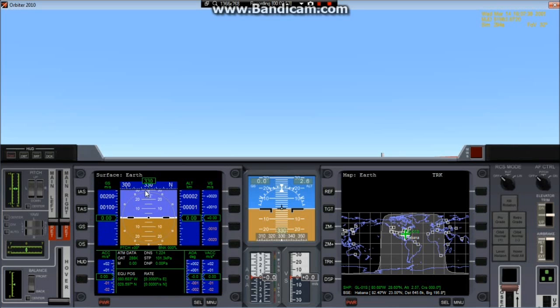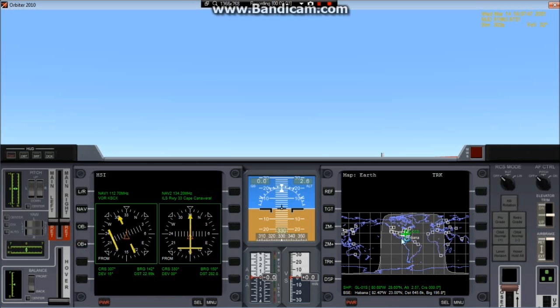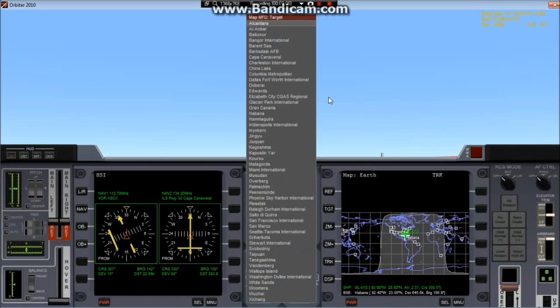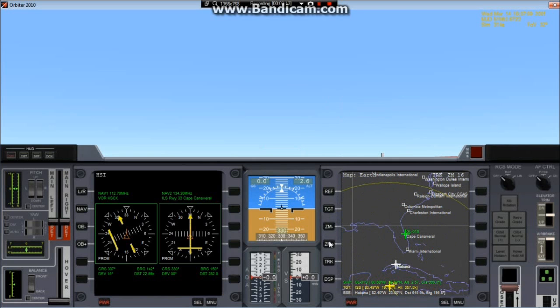We now go into the surface. We're going to do ground speed, which is good. That is all set. I'm going into the map now. So now what we're going to do is we're going to target the ISS through the mapping software, and that will give us a current position of the ISS. And good gosh, it looks like it's almost above us.